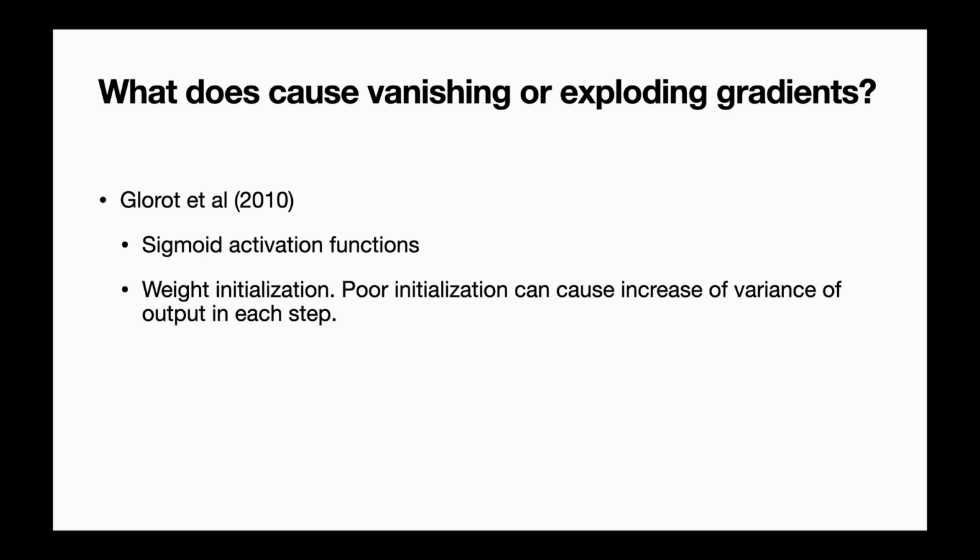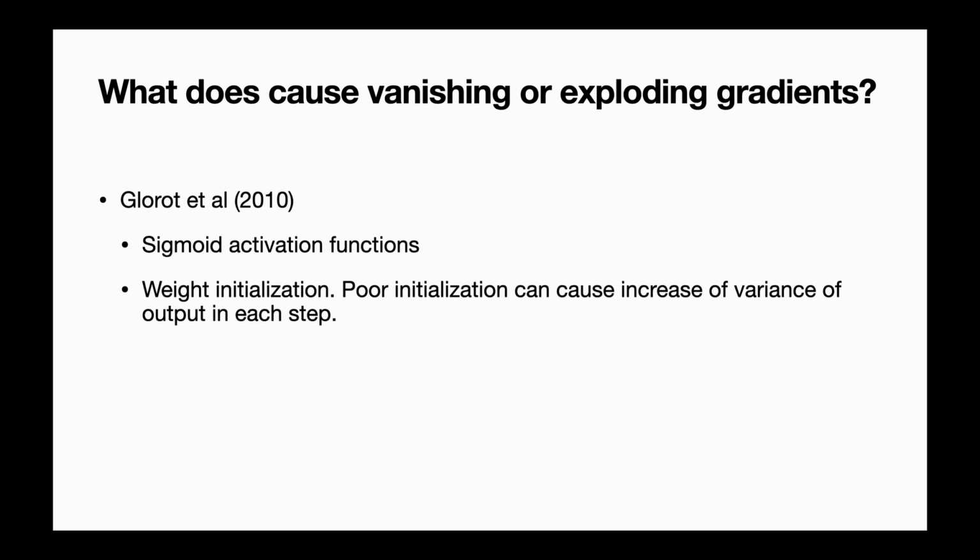They found that how we randomly assign weights needs to be very thoughtful, because poor initialization can guarantee that the variance of your output will increase over time, and that is not good. So imagine from each layer to the next layer, your output gets increased.